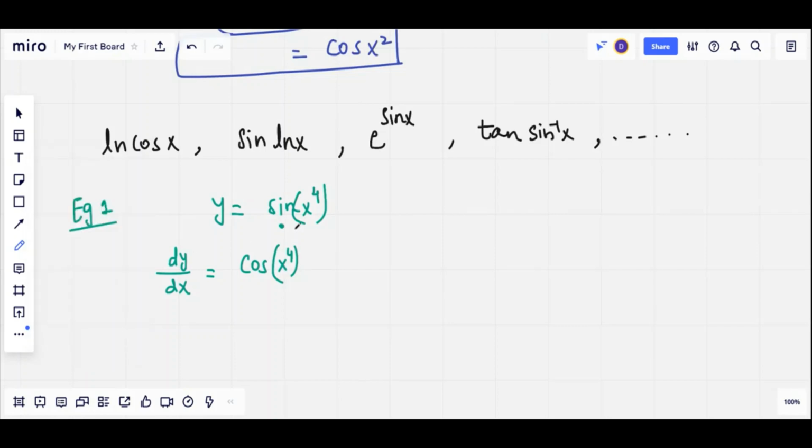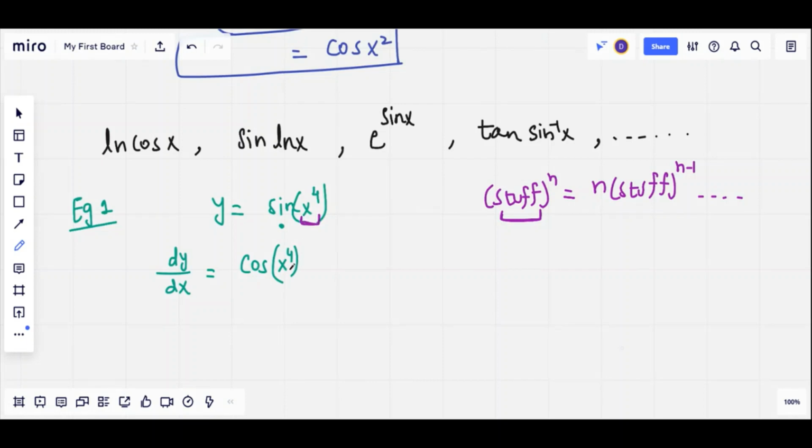In the last part of the blog, you will see that stuff raised to the power n has derivative n times stuff raised to the power n minus 1, and so on. We always treat the inside term as a general part, which is stuff. Right now, the stuff is x raised to the power 4.